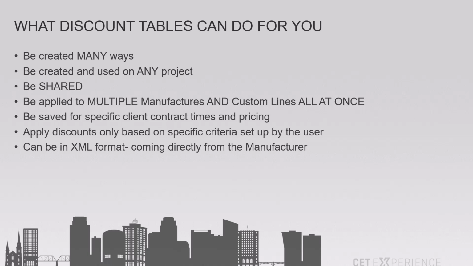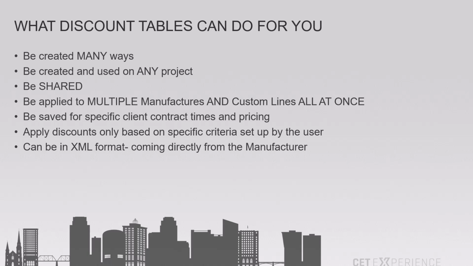You can save your discount tables to be client specific. So basically making a client contract that has an expiration date as well as tiered pricing. So based on furniture spend amounts. So if you have a tier for 0 to 100K, 100K to 400K, you can set that up in your discount table. You can apply your discounts based on specific criteria that you set up.